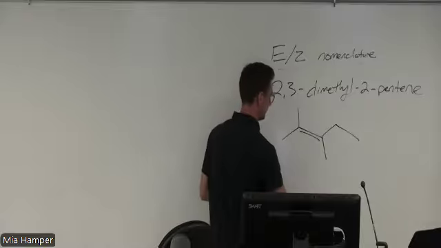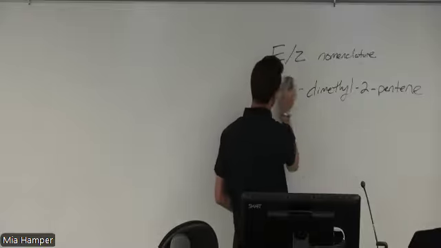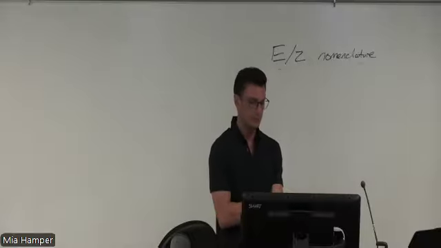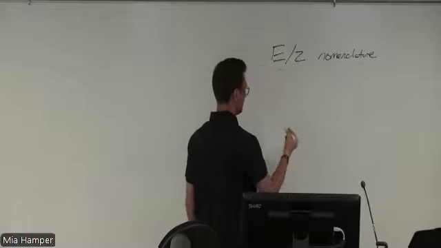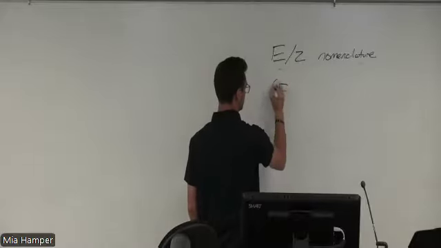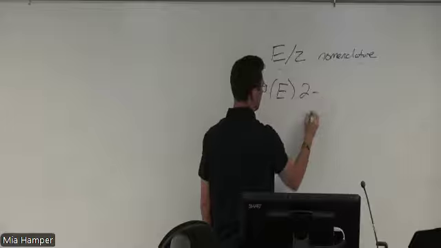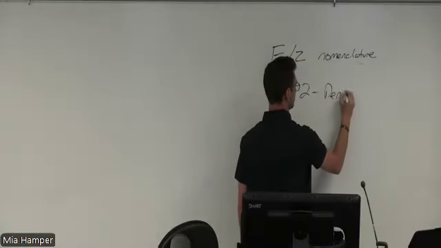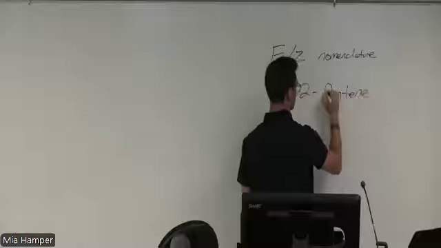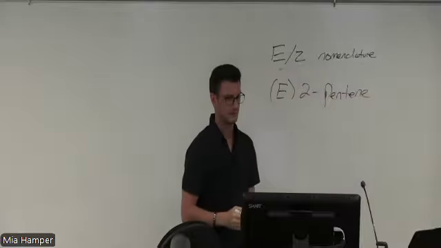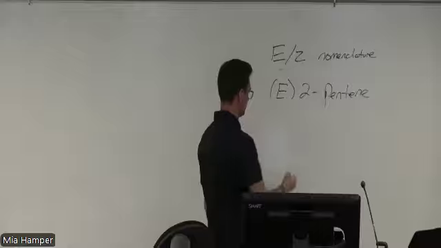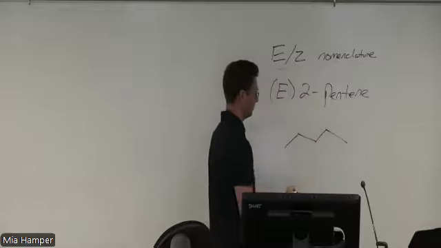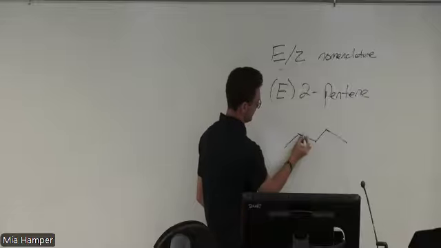So let's just say, for very basic purposes, we have E-2-pentene. Let's draw out our pentene, and the double bond is occurring at the second carbon.